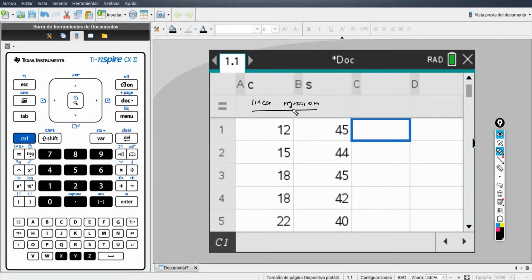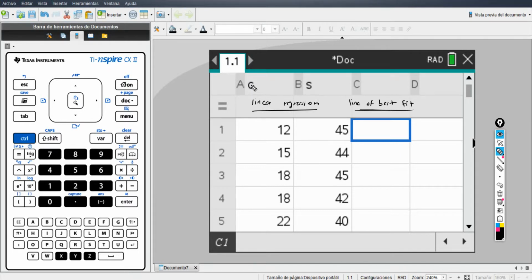What is this? This is the process by which we find the line of best fit. And what is the line of best fit? It is a line that can predict for us, for example, how many tickets we're gonna sell depending on the cost of our ticket, right? It helps us predict.